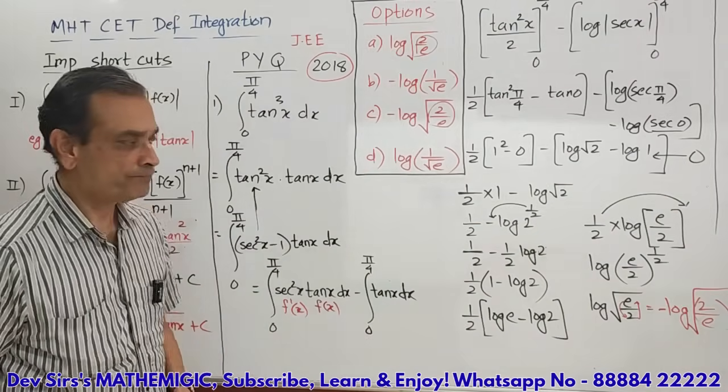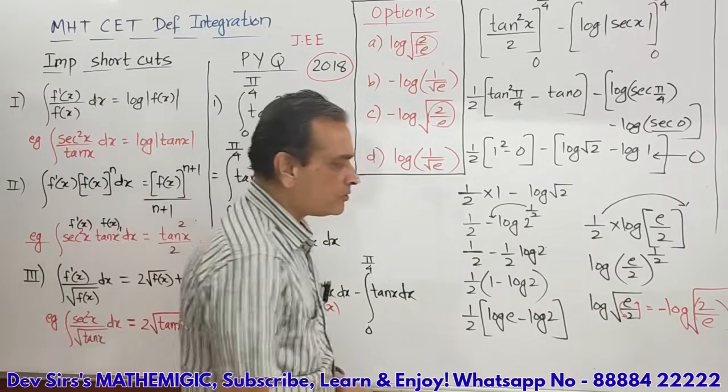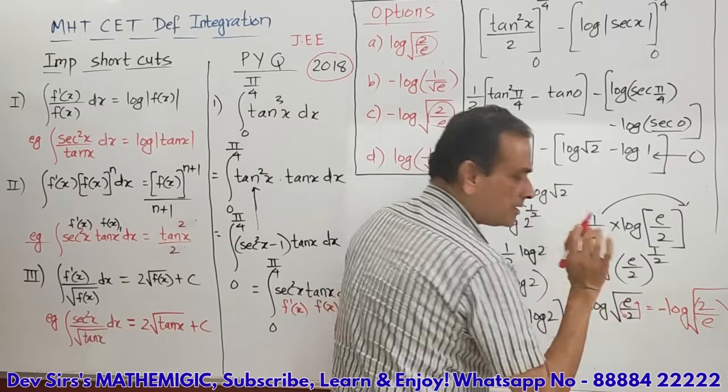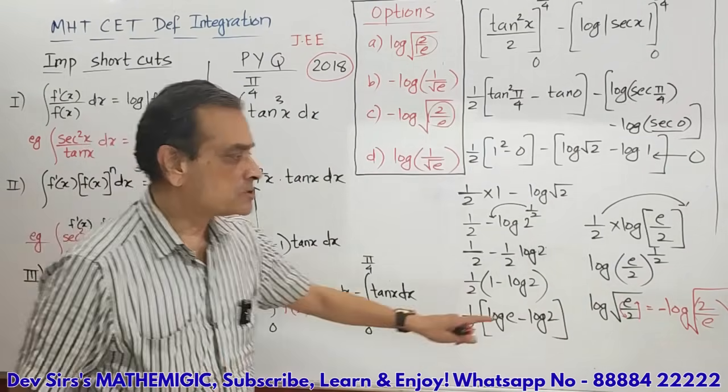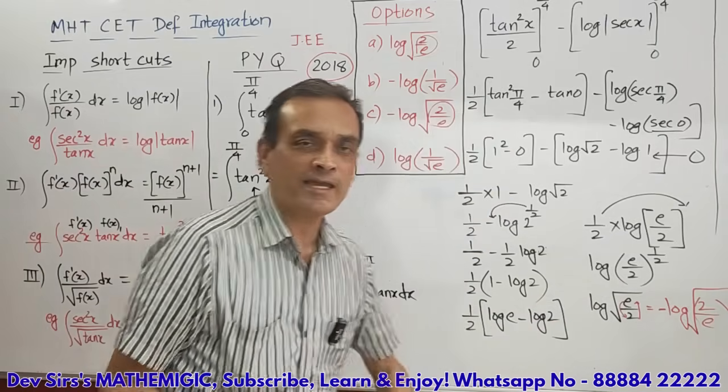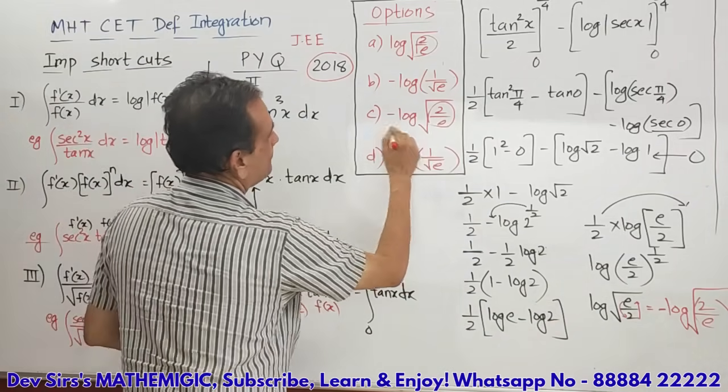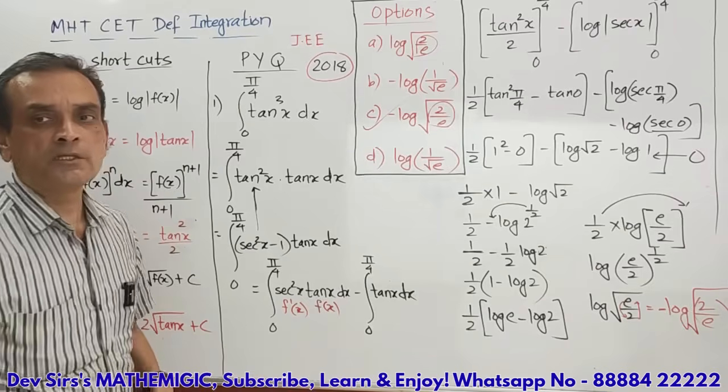Check the option. Okay, even if root is there, don't worry, you are interchanging the fraction, sign of the log changes. So minus log of root of 2/e है क्या? This is our answer.